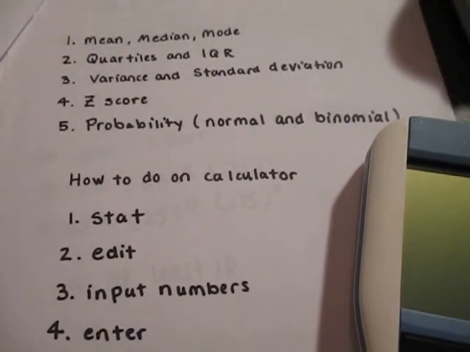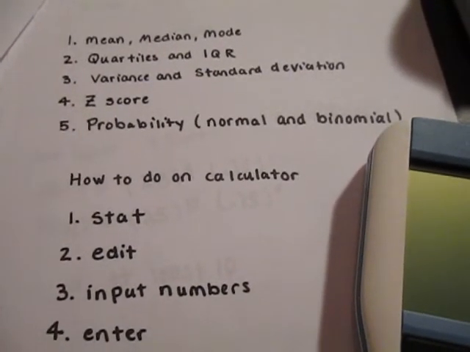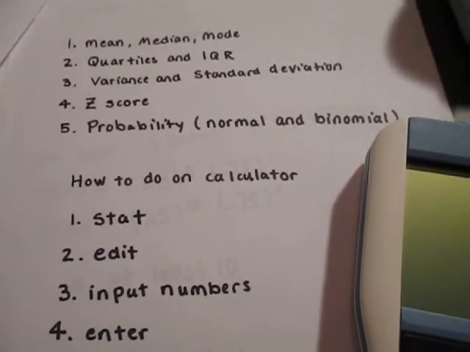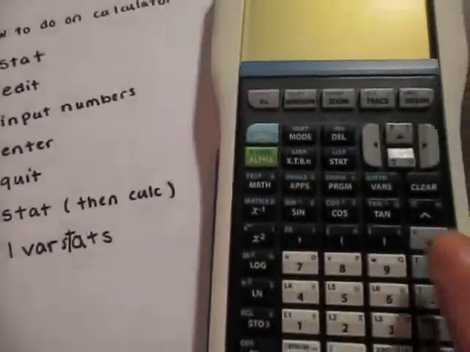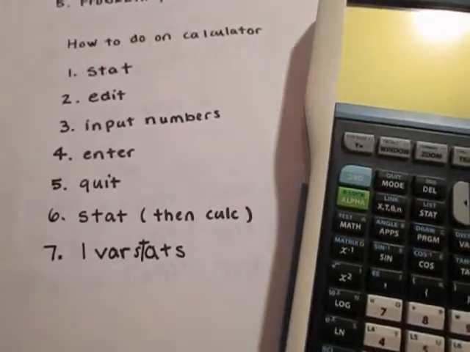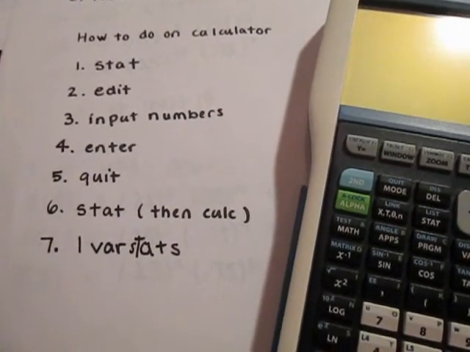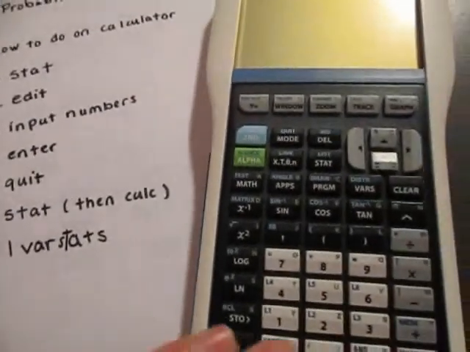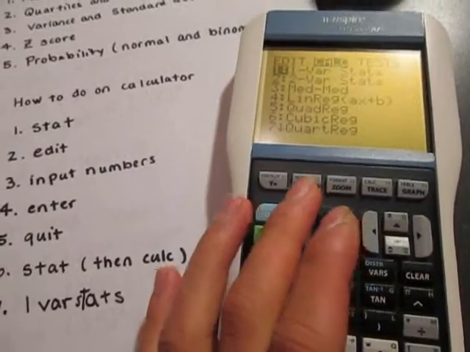So to review, we learned about mean, median, and mode. We learned about variance and standard deviation, and how to find them through the calculator: you go stats, edit, you input the numbers, you enter, then you do stats again, then calc, then one-variable statistics.